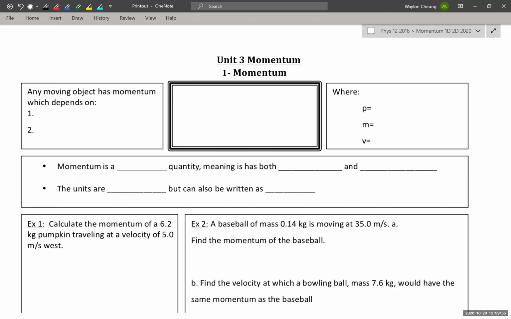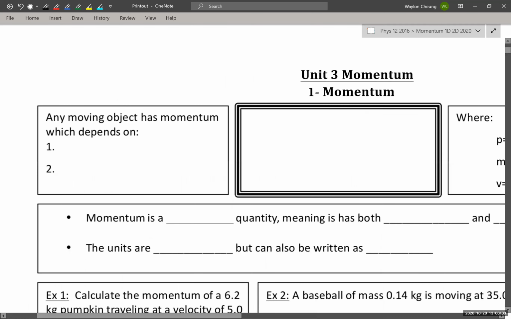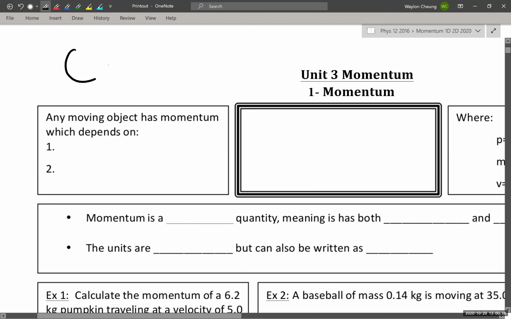So when we say a car has momentum, that car is moving. A moving object is something that has momentum, so it has to be a moving object. An object that's not moving does not have momentum. Momentum comes from a moving object.